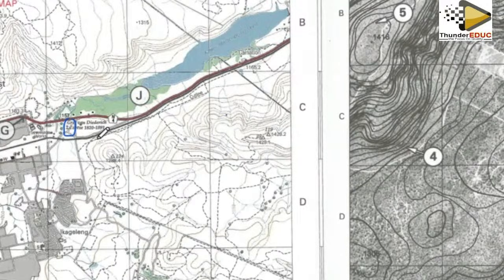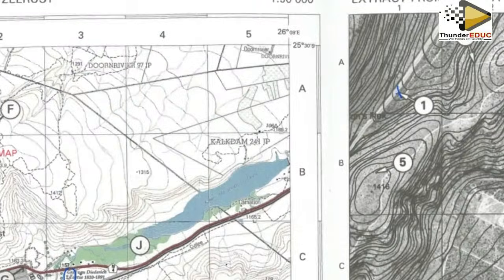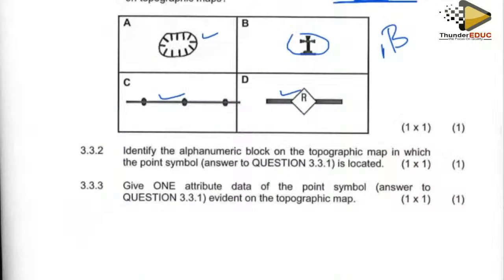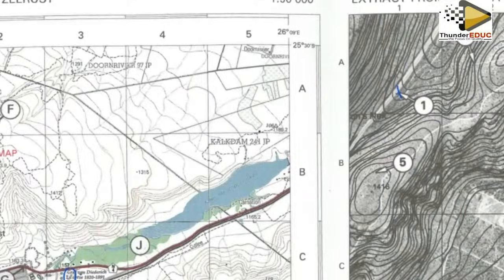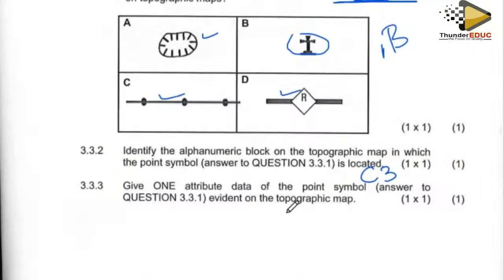We go back to the map. What is the alphabet? It's located at alphabet C. And then what is the numeric? The numeric is 3. So it is C3. So here is C3. Okay?